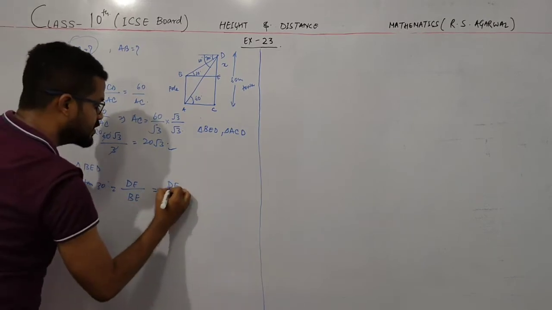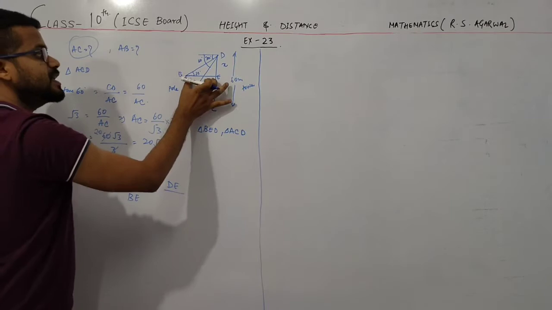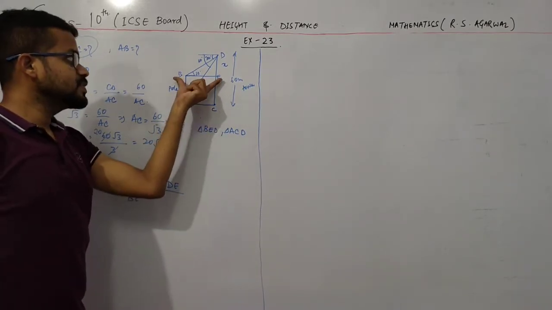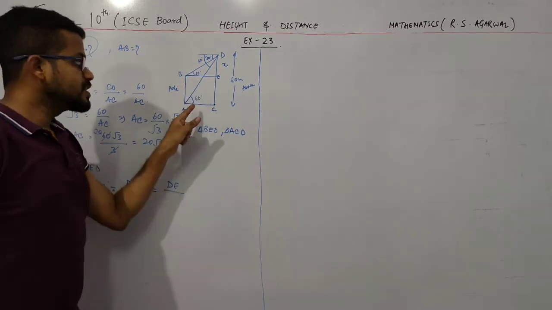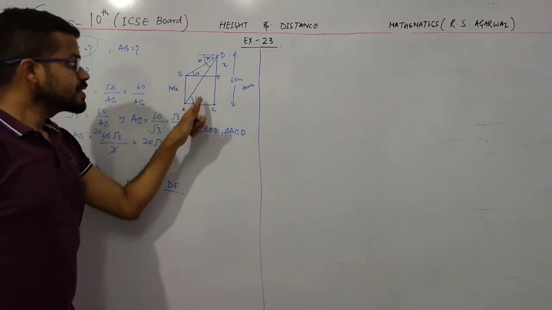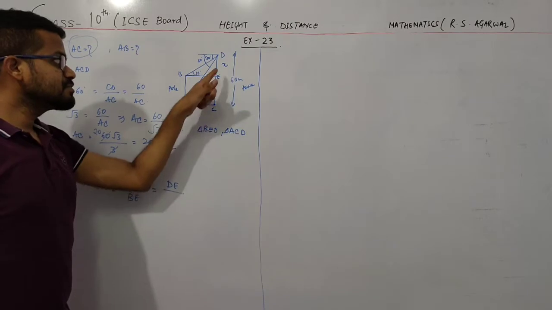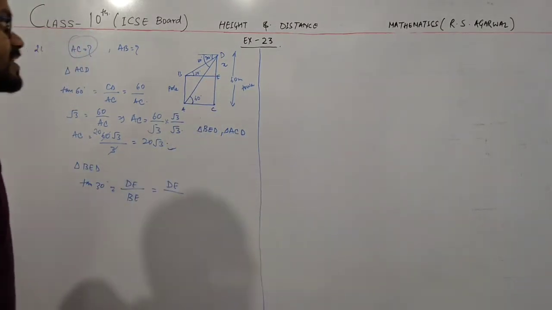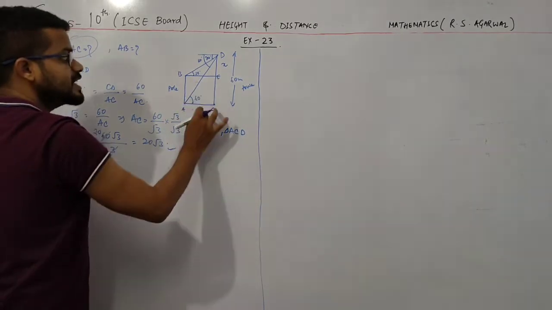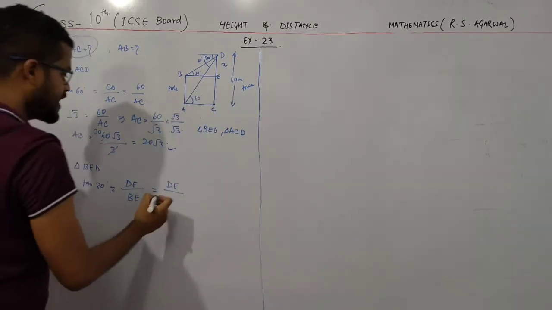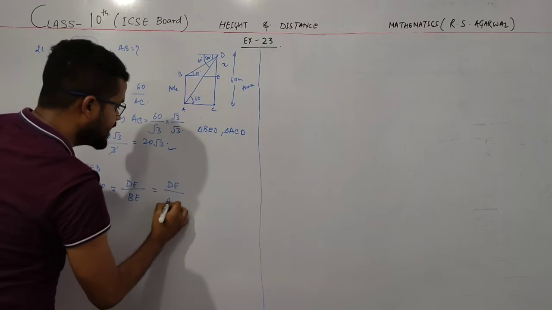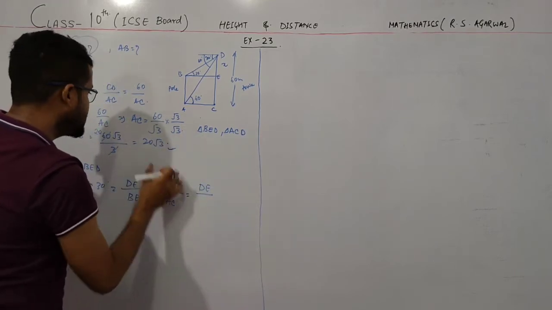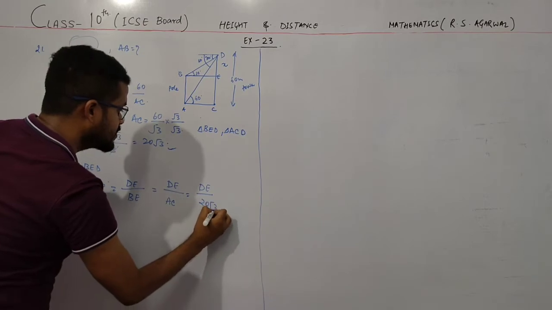We don't know DE, but BE is the side of the rectangle, and in a rectangle opposite sides are the same, so in place of BE I write AC, which is 20 root 3.